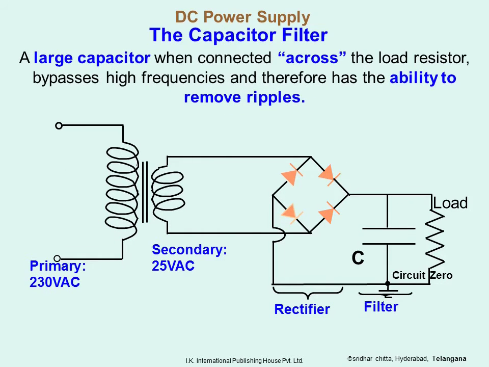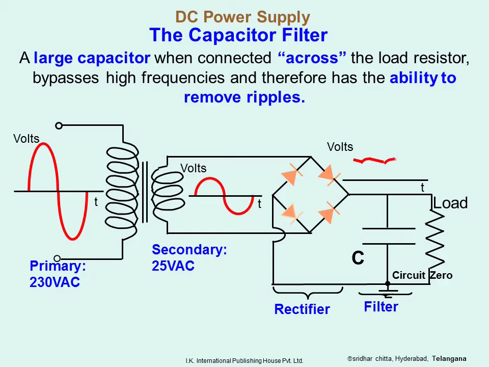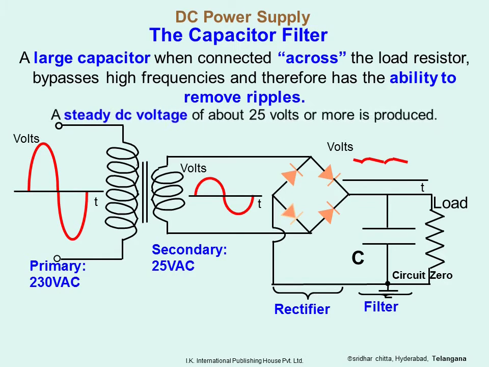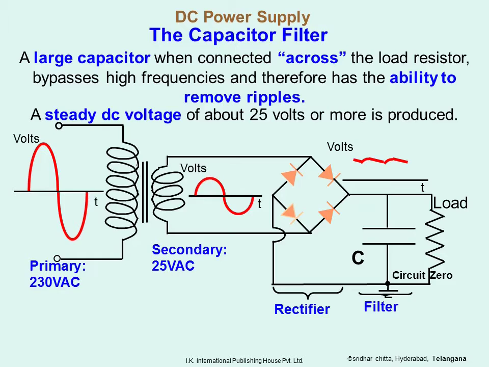A large capacitor, when connected across the load resistor, bypasses high frequencies and therefore has the ability to remove ripples. A steady DC voltage of about 25 volts or more is produced.